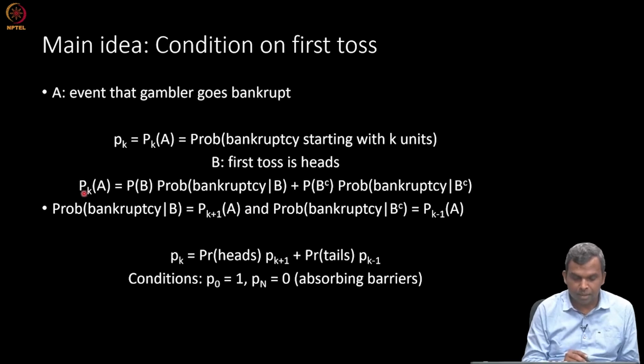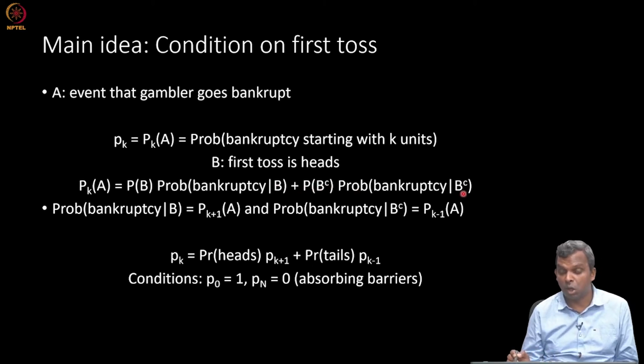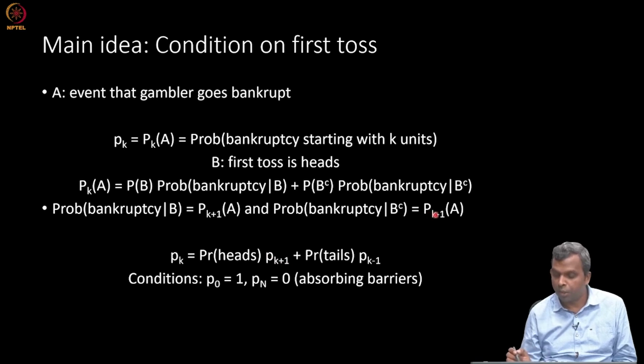This equation, pk of A being equal to P of B times probability of bankruptcy given B, plus P of B complement times probability of bankruptcy given B complement, is the same thing I have written again here, except that pk of A I have written as small pk, pk plus 1 of A as pk plus 1, and pk minus 1 of A as small pk minus 1. So probability of heads times pk plus 1 plus probability of tails times pk minus 1.